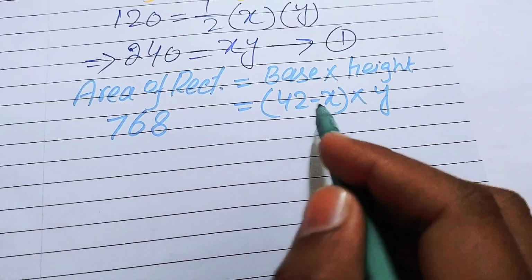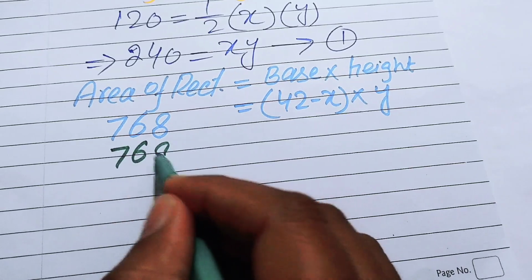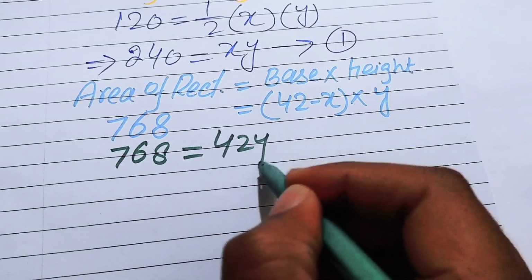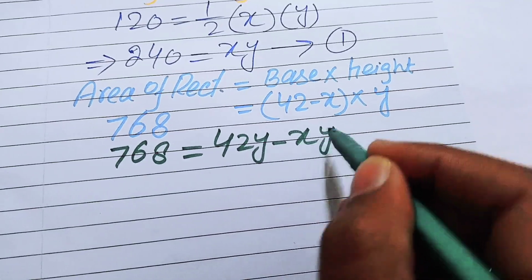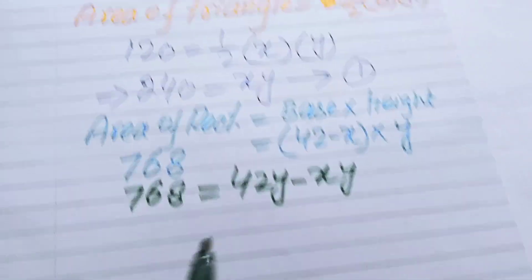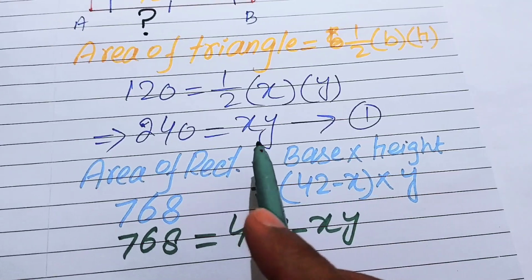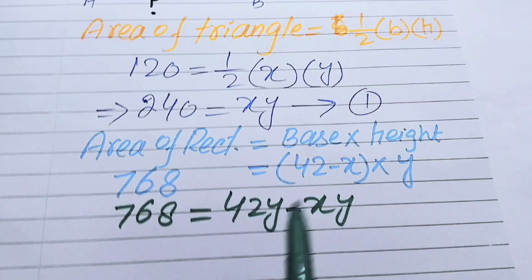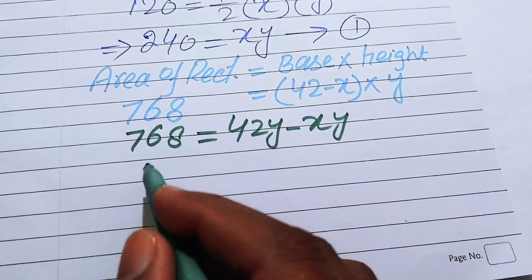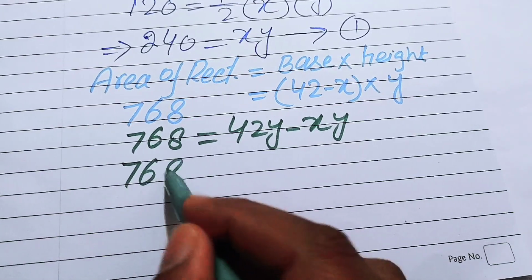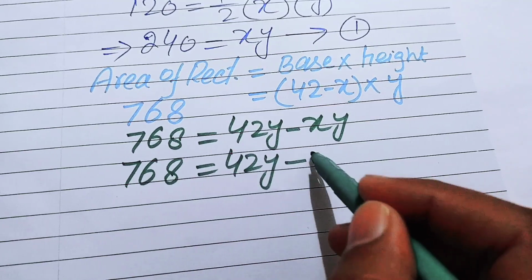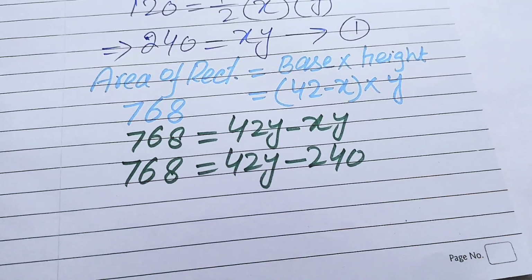We multiply y on both terms and obtain 768 equals 42 times y minus xy. But in equation number 1 we found the value of xy, which is 240. Substituting this, we get 768 equals 42 times y minus 240.